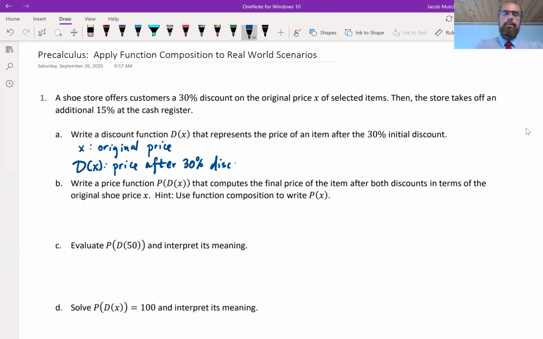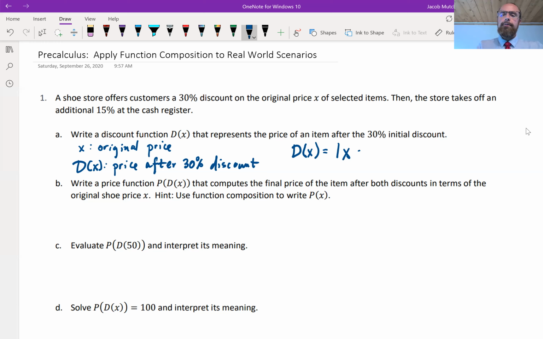So once we've defined those two variables, I'm going to now write an algebraic rule to represent d of x in terms of x. So d of x in this case, if we think about it, it's going to be the initial price of the shoe minus that 30% discount. So the way I'm going to write that is 1x, so that's the original price.